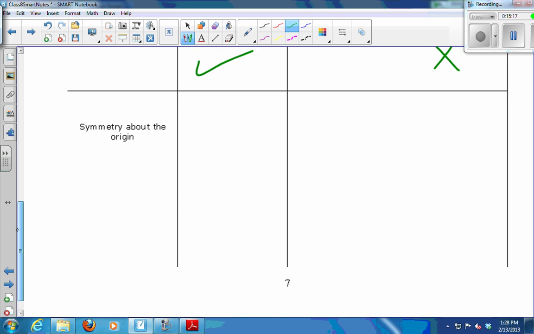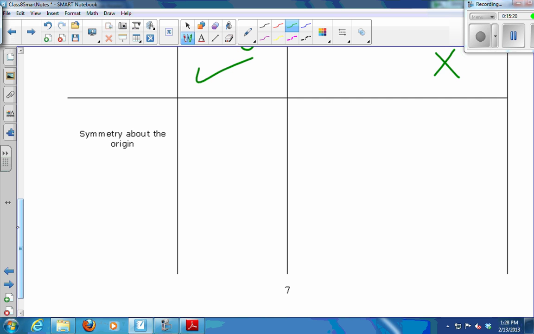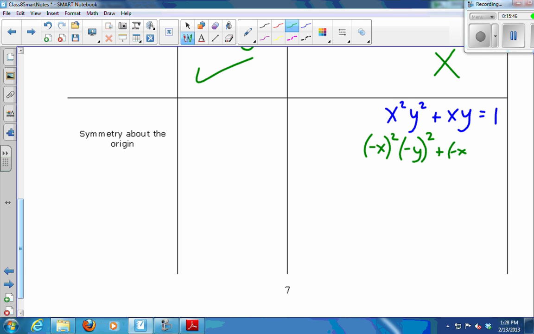And in the last one, anybody get symmetry for it? I showed you, yeah. The last equation has origin symmetry. So my original equation is x squared y squared plus xy equals 1. And for origin symmetry, to test, you replace the x's with negative x's and the y's with negative y's. So we have negative x squared times negative y squared plus negative x times negative y equals 1.